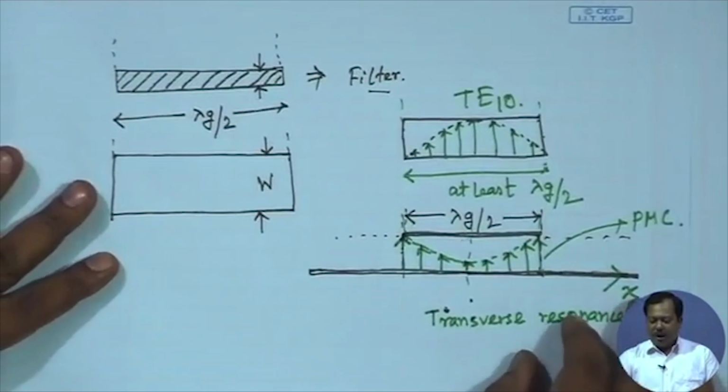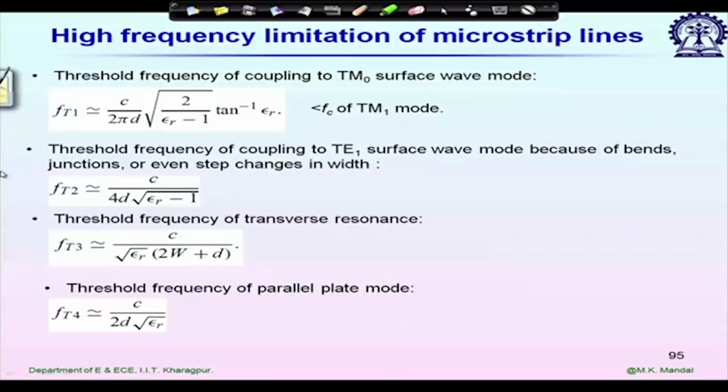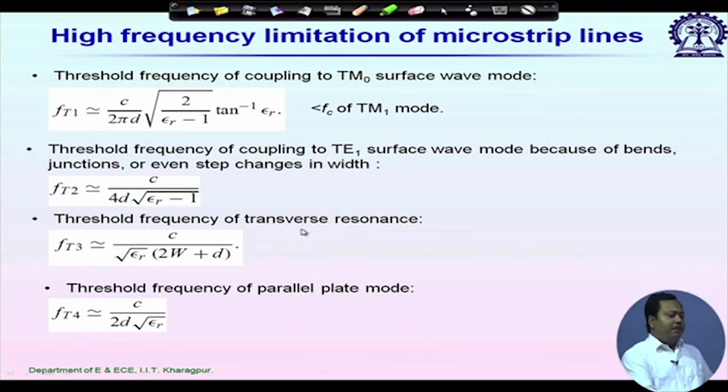Now let's go back to the slide. So the threshold frequency of transverse resonance is given by FT3, which is approximately c by root epsilon r into twice W plus D, where W is the width of the microstrip line.